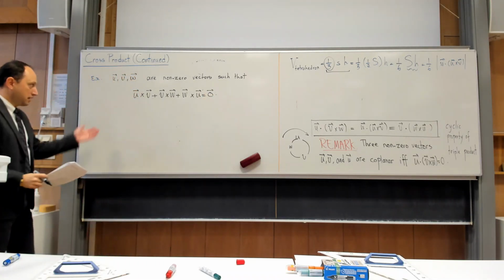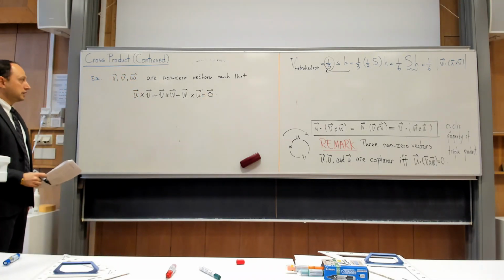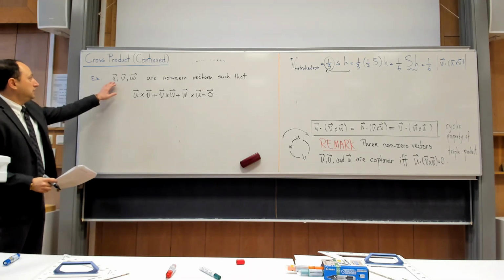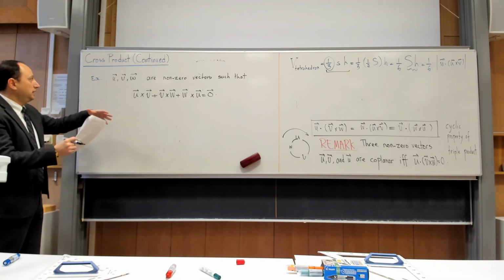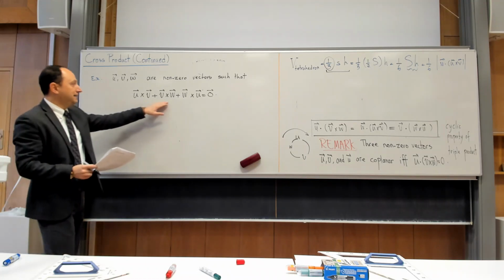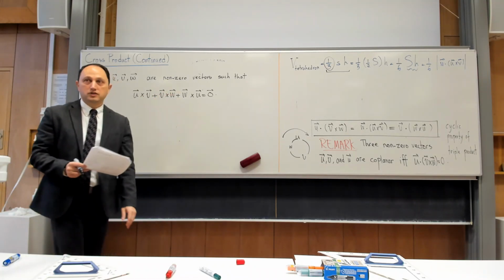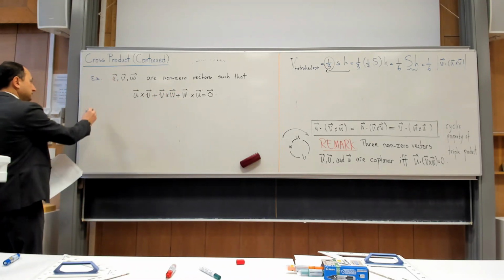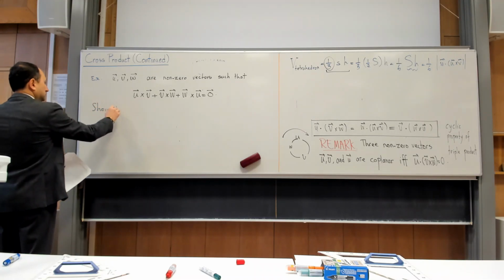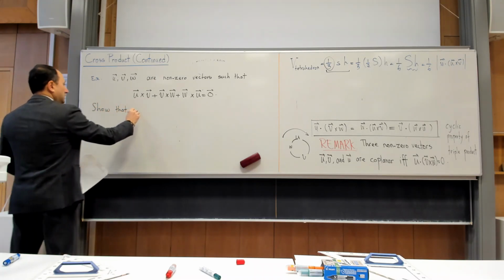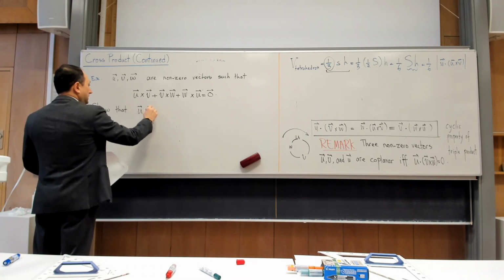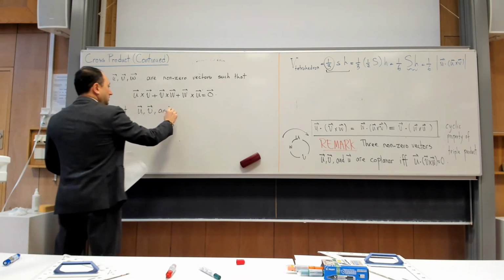It's not always guaranteed that this combination is the zero vector, but they are oriented in space in a way that when we add these three vectors, it turns out to be the zero vector. Show that U, V, and W are coplanar.